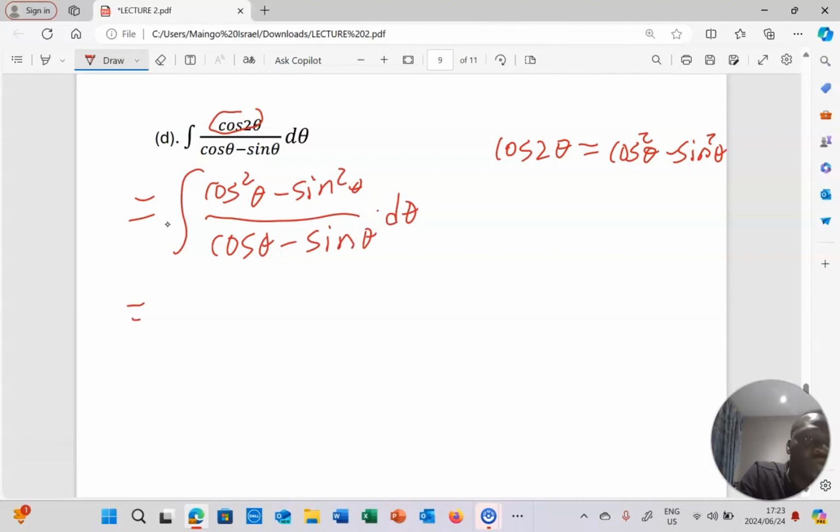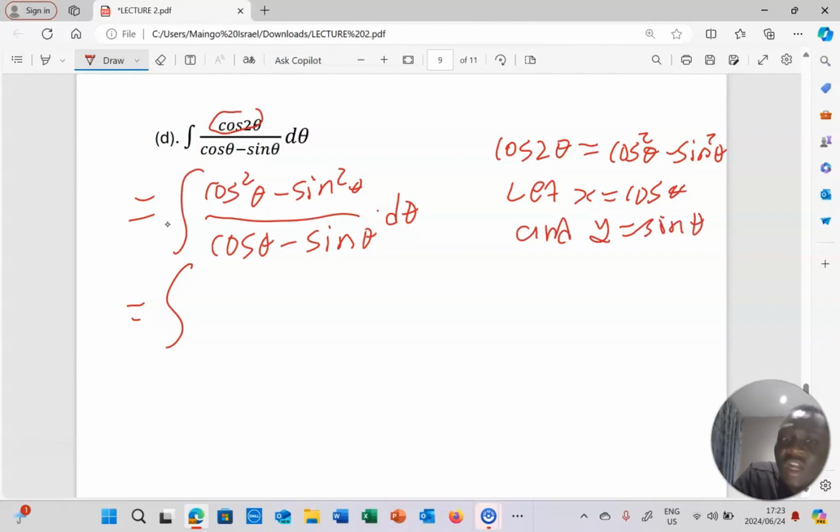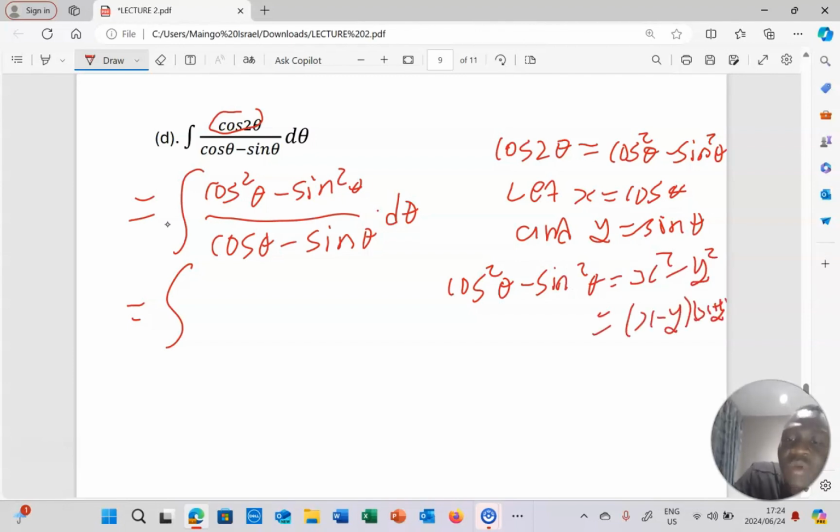We can factorize this because it is the difference between two squares. If we let x be cos theta and y be sine theta, then cos squared theta minus sine squared theta equals x squared minus y squared, which factorizes as x minus y times x plus y.